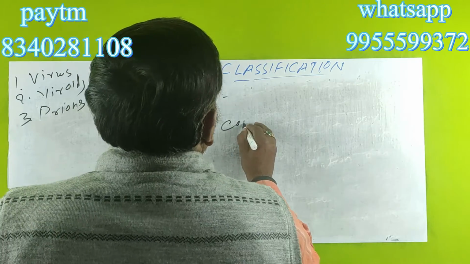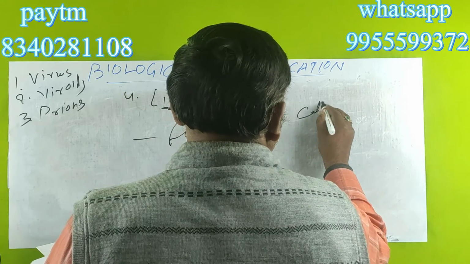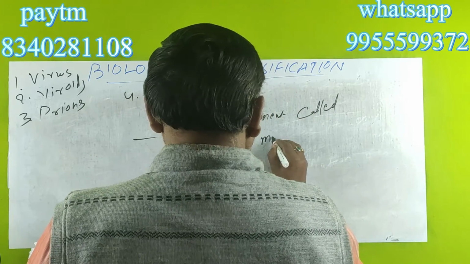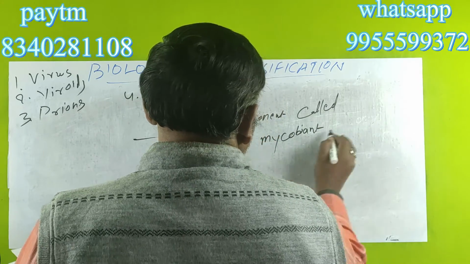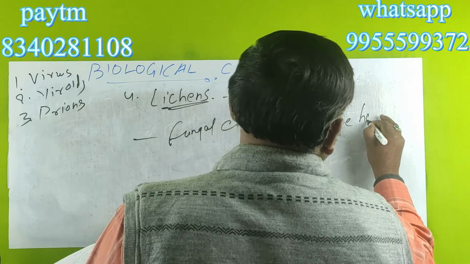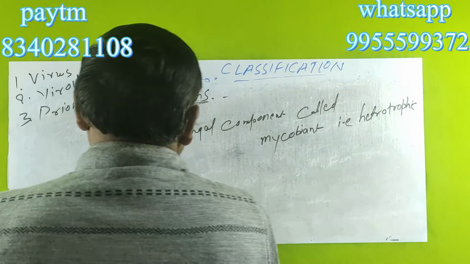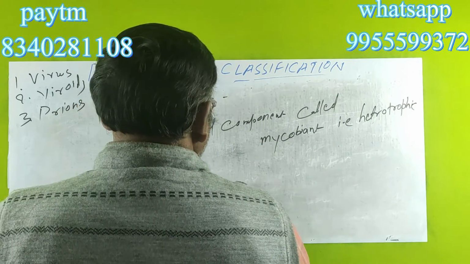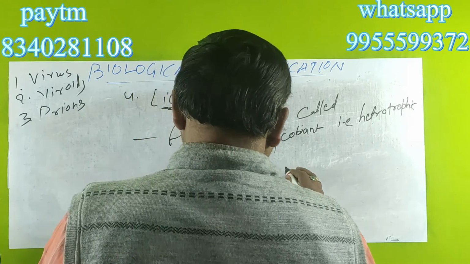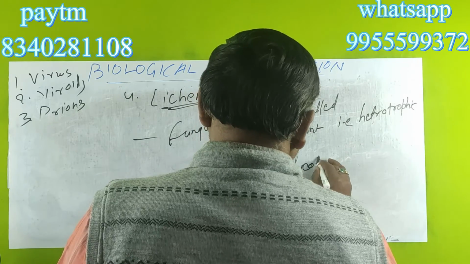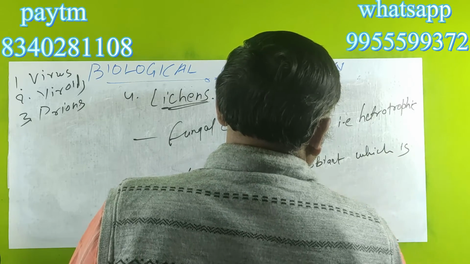The fungal component is called mycobiont, which is heterotrophic, and alga has phycobiont, which is autotrophic.